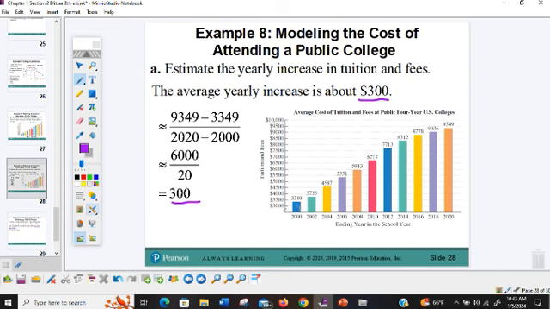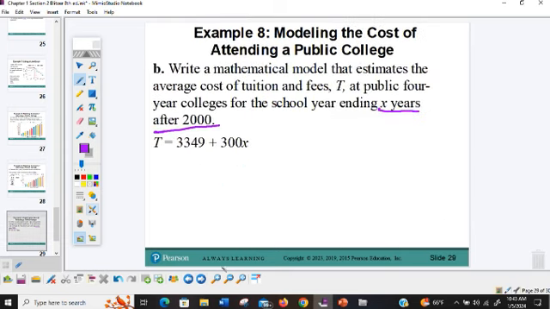But our X has to start somewhere. It starts at the beginning of our graph, the year 2000, okay? And our price started at 3,349. So we know we're going to have, and they just used the letter T, T equals 3,349 plus 300, that's what we figured out for how much it increases a year, times X, and X is the years after 2000.